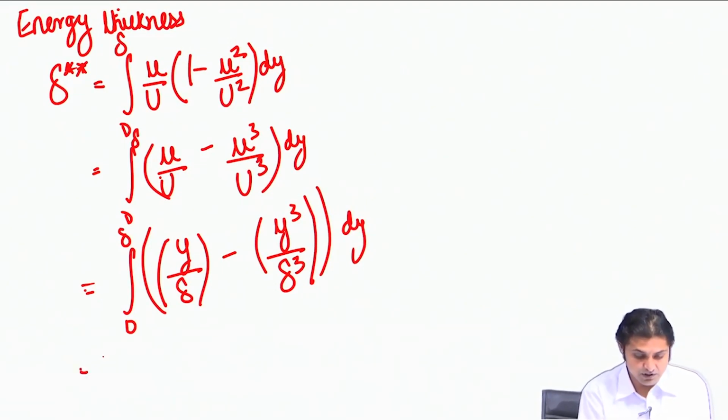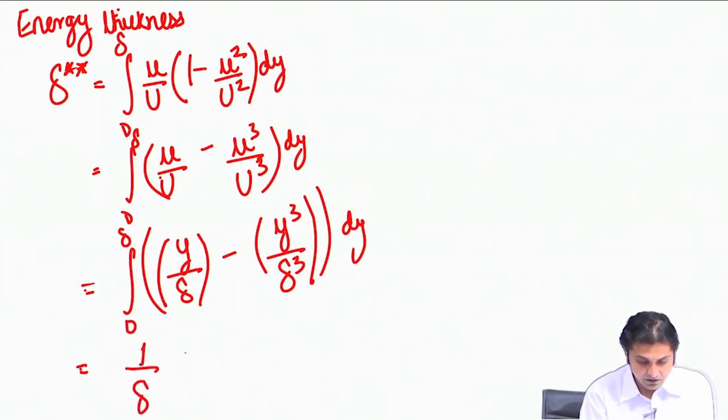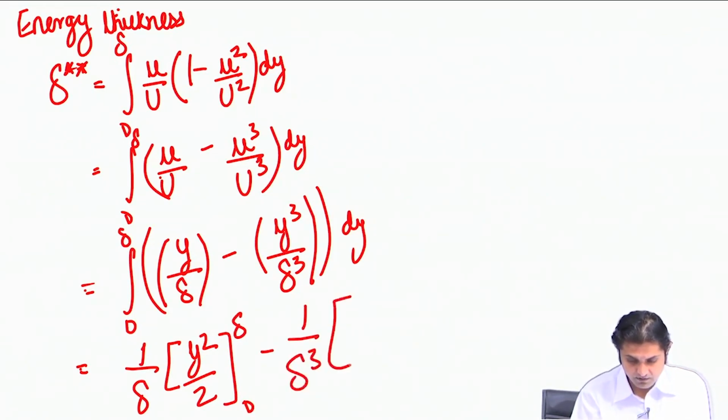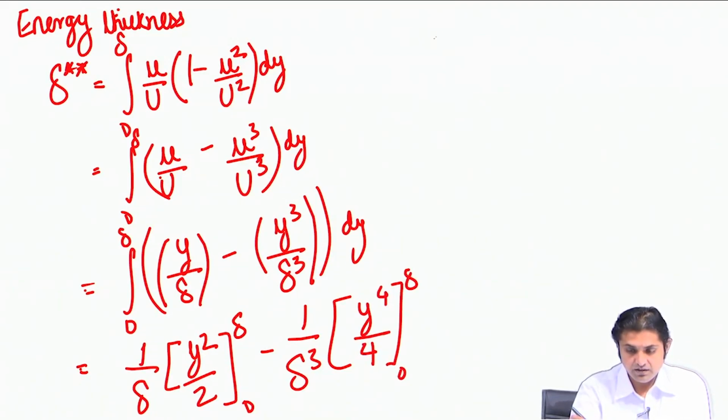Now, the next step is to integrate, and after integrating this, 1 by delta is common. So, it comes y square by 2, 0 to delta, minus, this is constant so it comes out, and y cube becomes y to the power 4 by 4, with the limit 0 to delta.